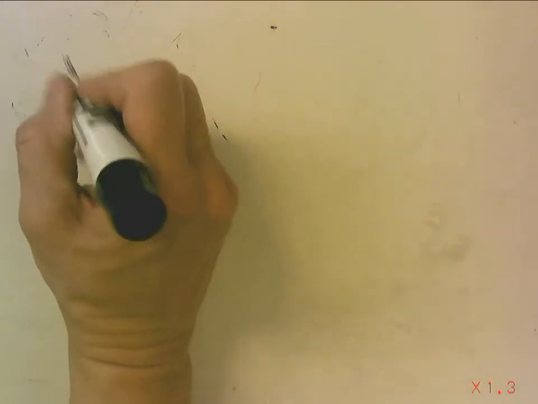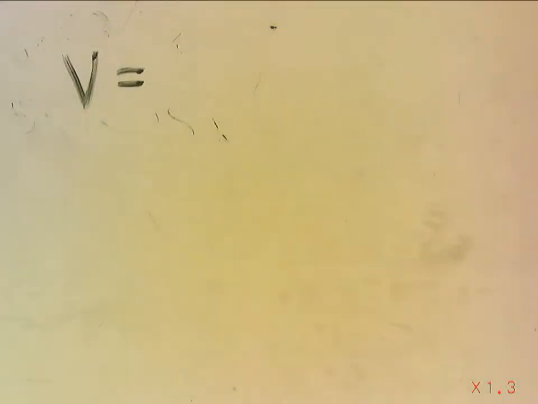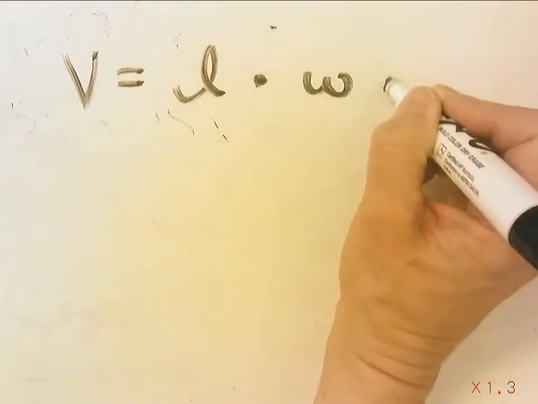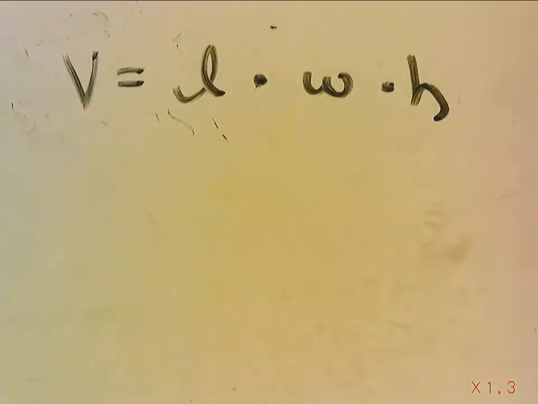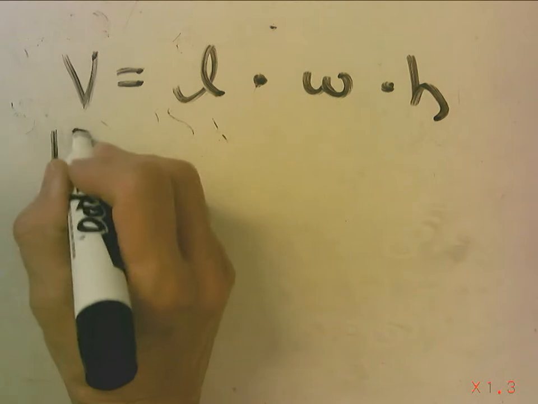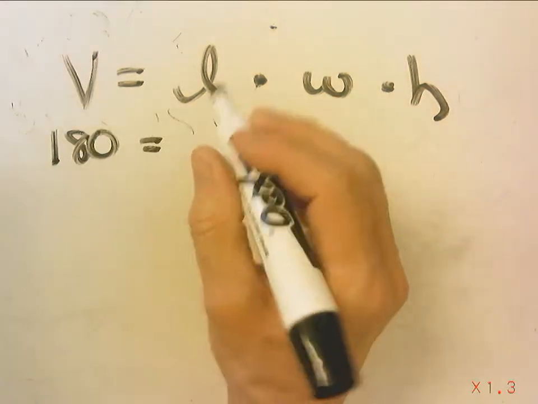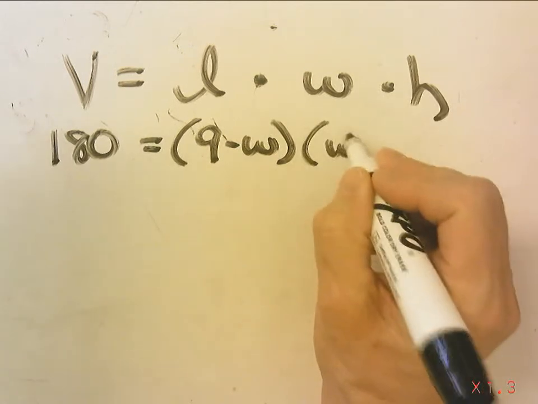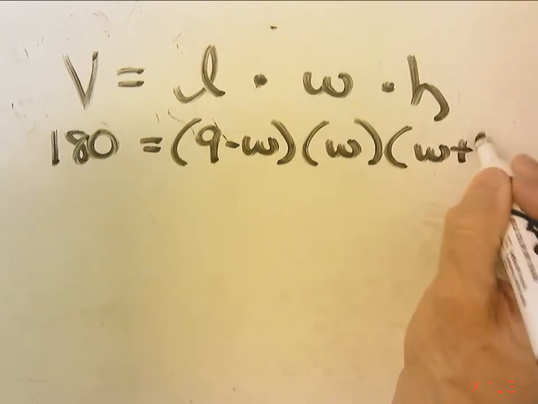So, to do this, you need to know that volume equals length times width times height. So where it says volume equals, you can go ahead and fill in length times width times height. In this case, it tells us the volume is 180, the length is 9 minus w, the width is w, and the height is w plus 4.